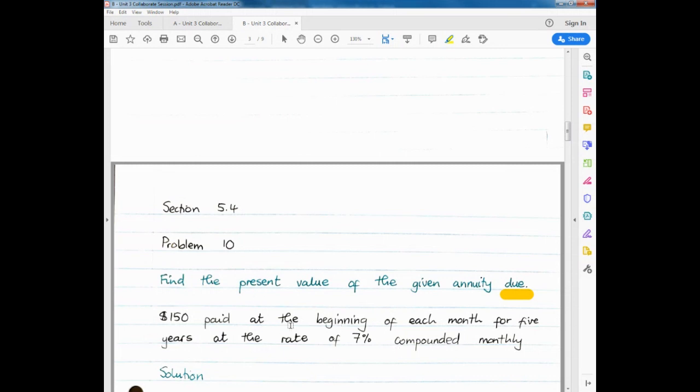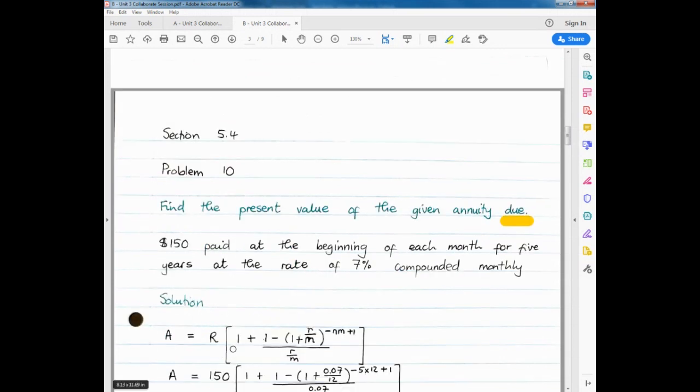So now the formula becomes, so this is an annuity due. The formula becomes R multiplied by 1 plus, and then we have that similar term, but now the power is minus NM plus 1. So if you look at the textbook, it explains why an annuity due feels like we have that extra payment.